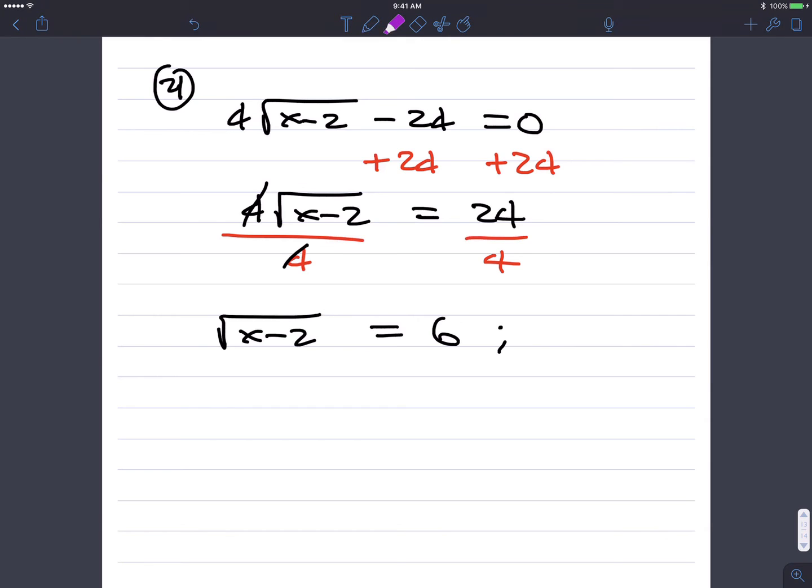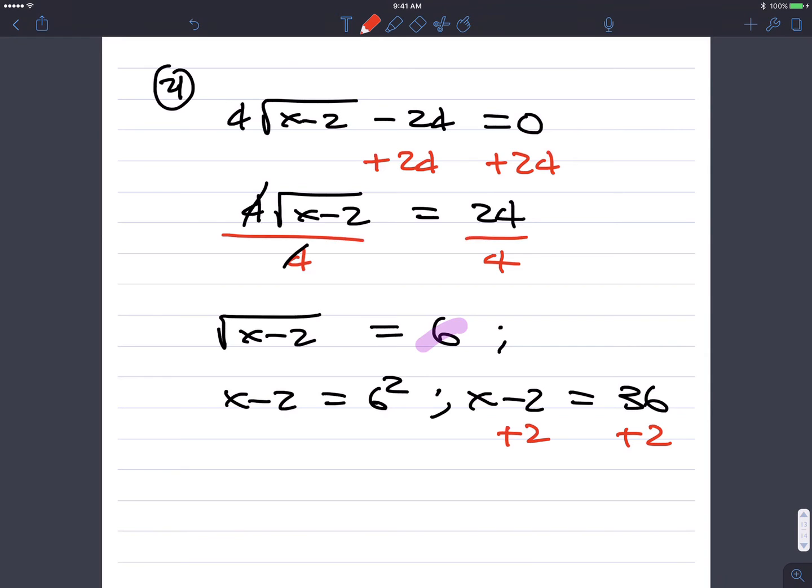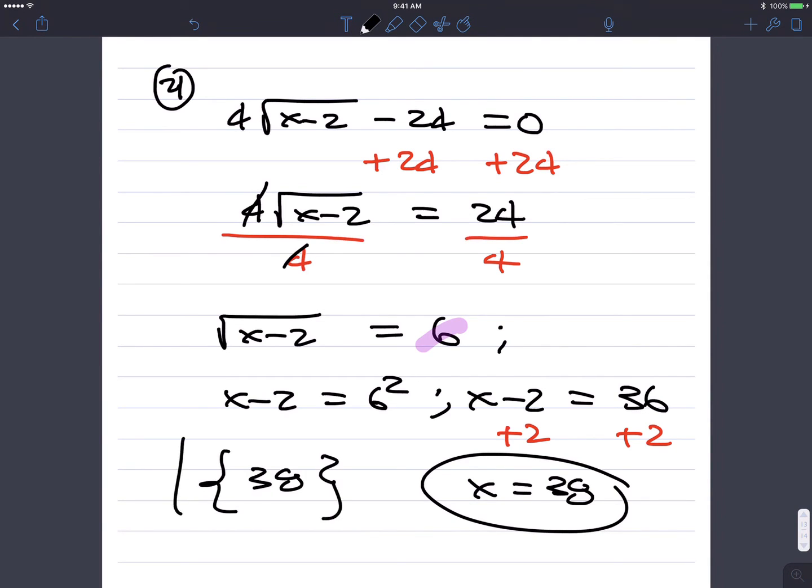Now, the 6 again is non-negative, which is good. We'll get x minus 2 is 6 squared, or x minus 2 is 36. We can add 2 to both sides. X will be 38. Our solution is 38.